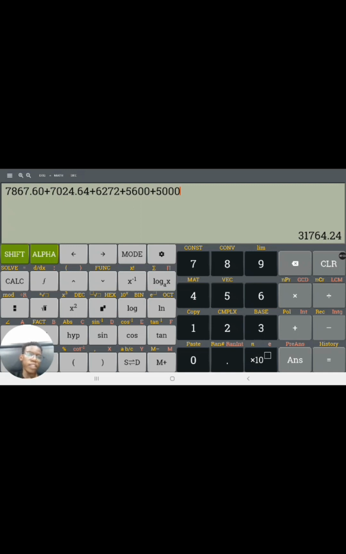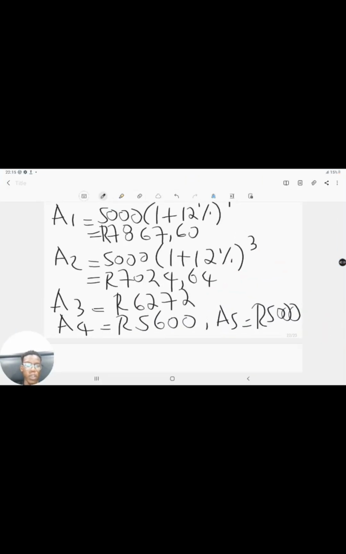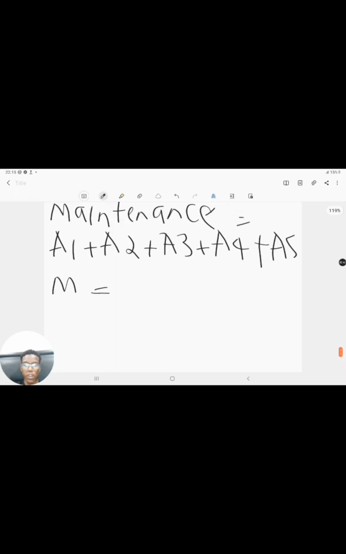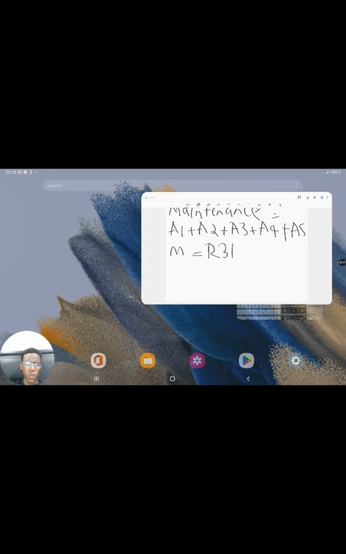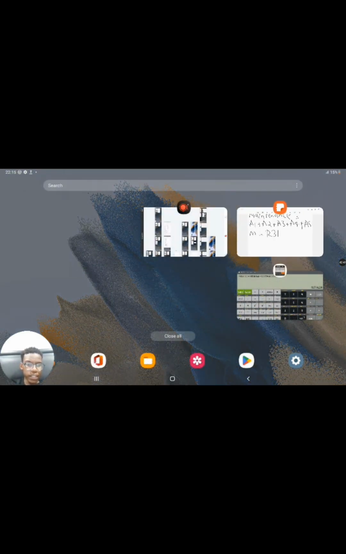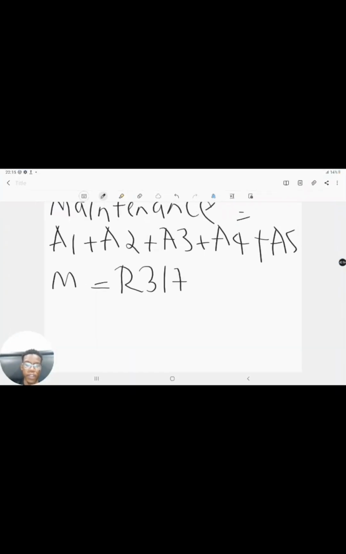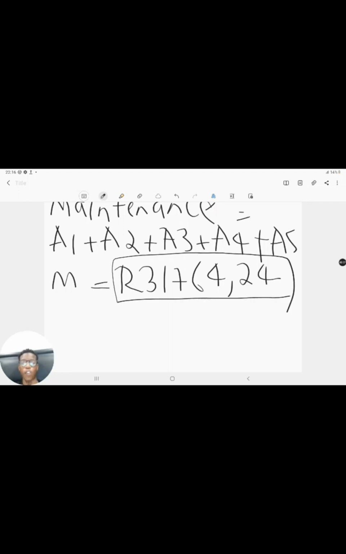So that's 31,764 rands 24 cents. So M is equal to R 31,764,24. This is how much in total he removed from his account over a period of 5 years.